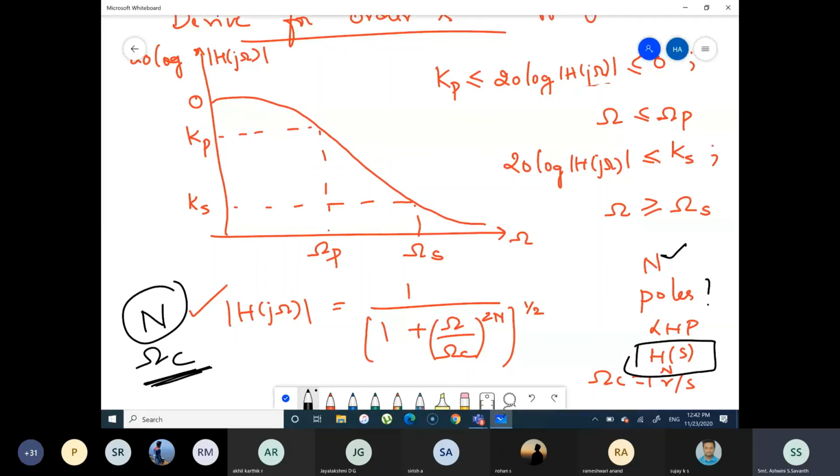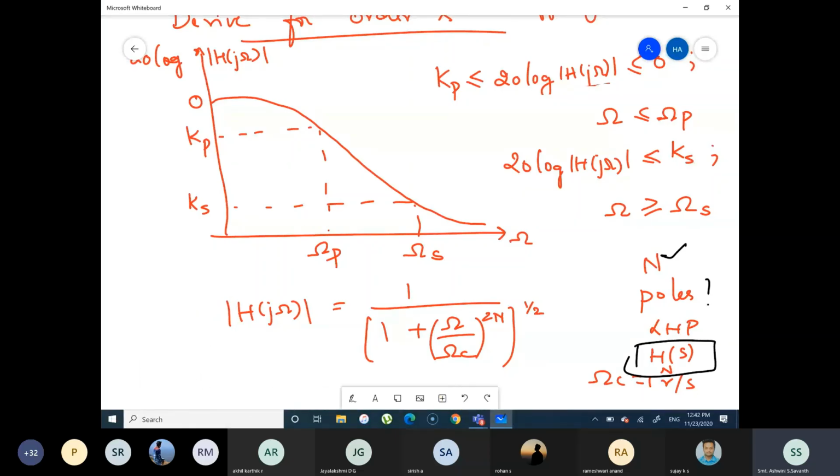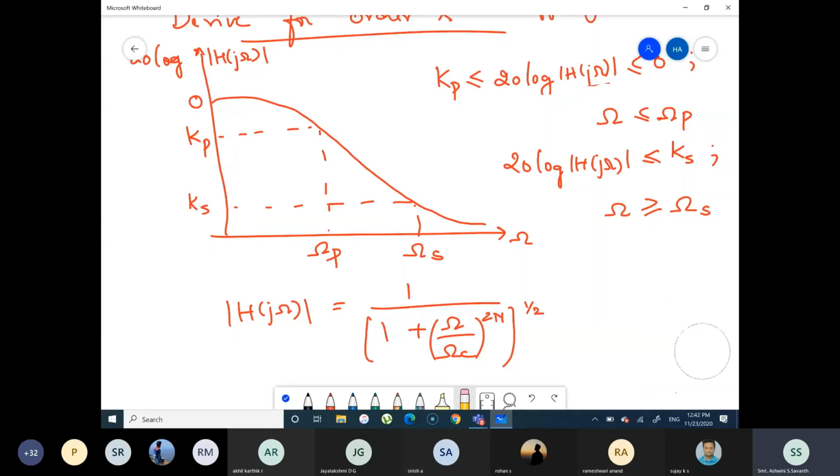Okay. So this expression that I have written here for the magnitude response, let us take 20 log 10 on both sides.